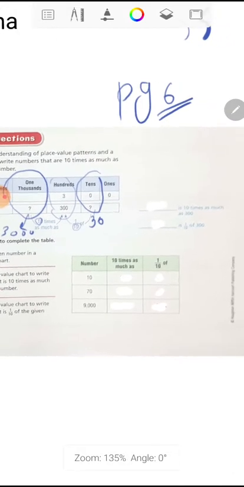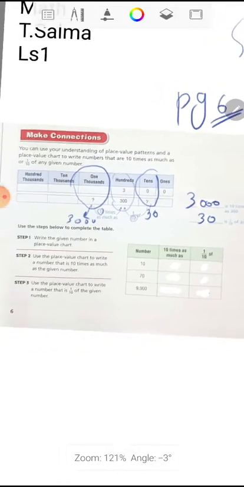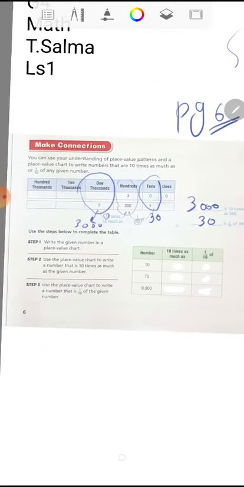So here you will write 3000 is 10 times as much as 300, and 30 is 1 over 10 of 300. Okay, let's see this chart. In this chart, I want you to find the number that is 10 times as much as this number, and then find the number that is 1 over 10 of this number.